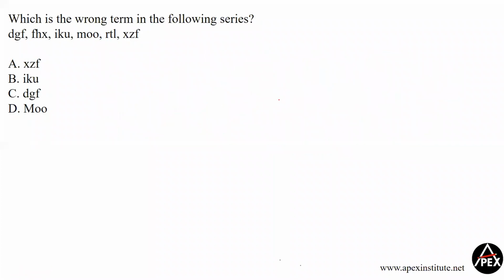Find the wrong term in the following series. DGF, FHX, IKU, MOO, RTL and XZF.